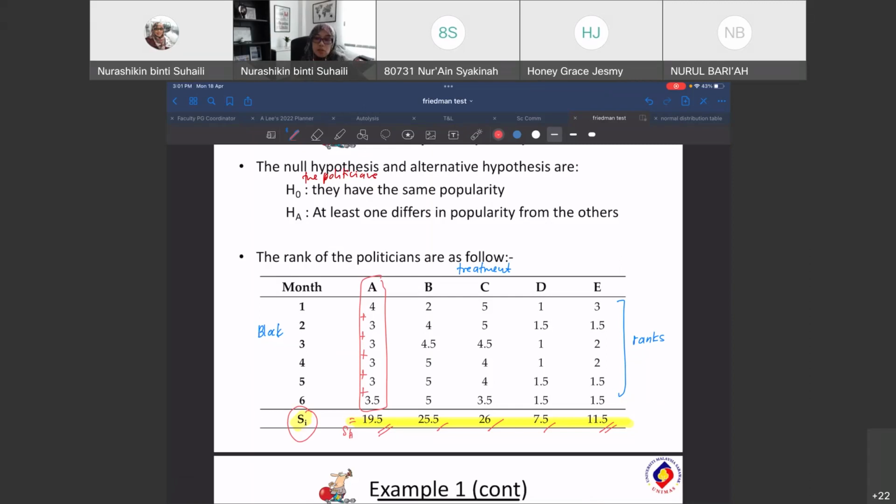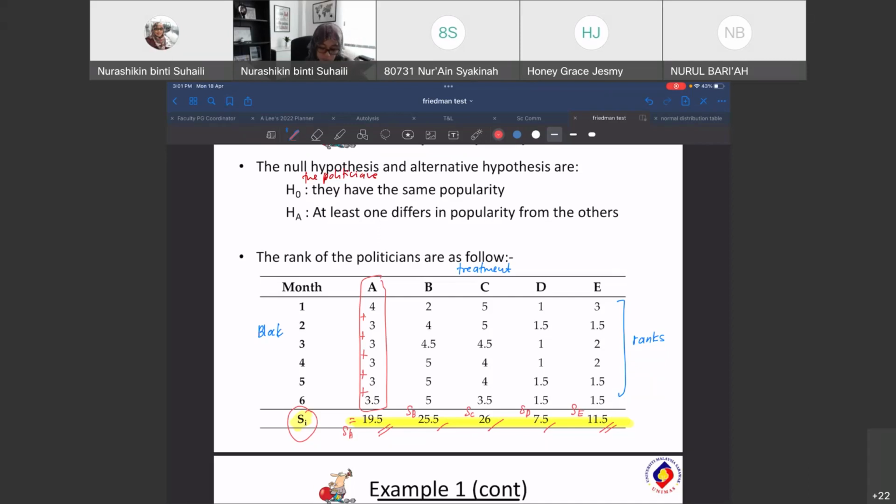I is just the general symbol. Okay, but when you have A, it's SA. And then this one is SB. You label also the sum of the ranks, because later you have to match the pairs. And this is SE. Okay. So that is the step number 3.